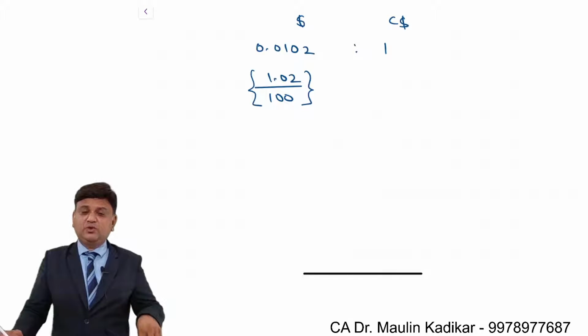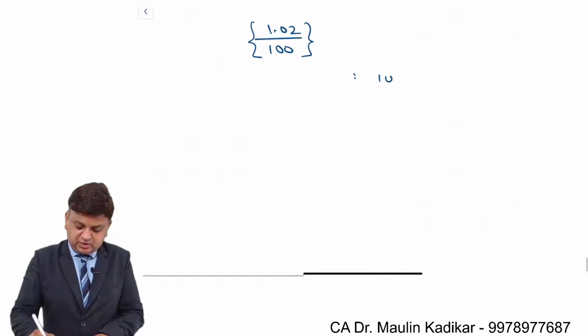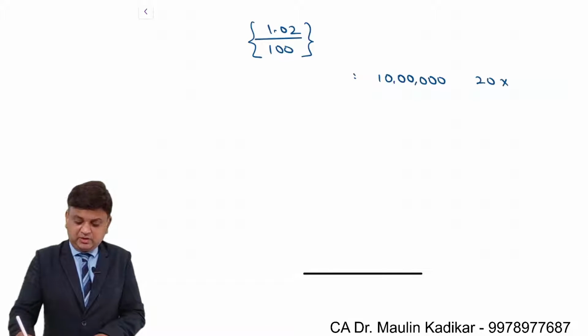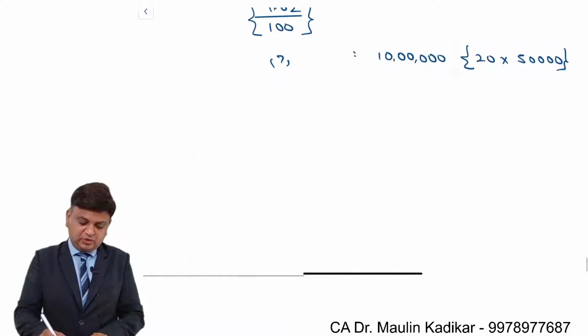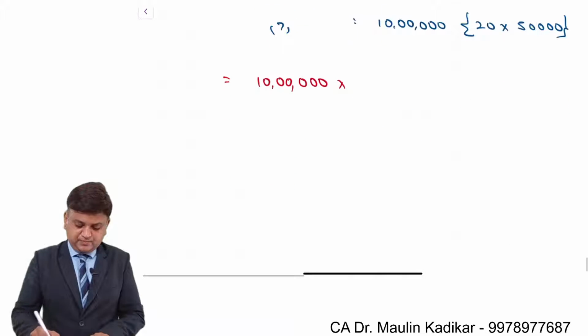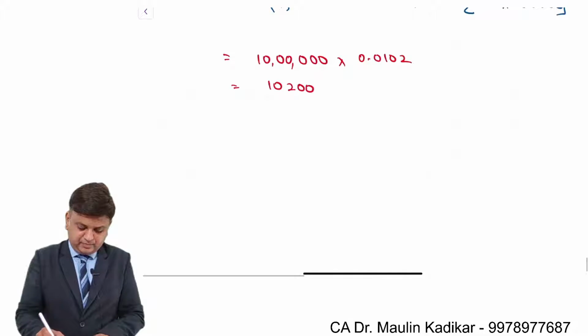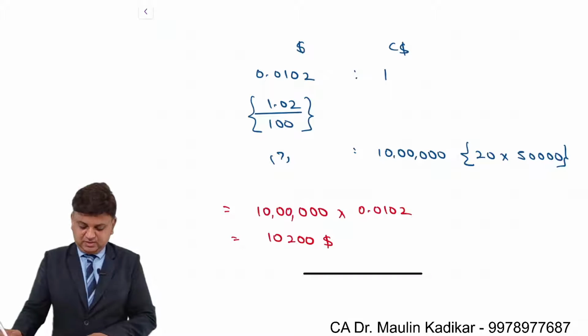Similarly, 1.02 cent is converted into dollar and you enter into the transaction for 10 lakhs Canadian dollar, so 20 contracts into 50,000. This is the amount of dollar which is to be paid as premium. So 10 lakhs into 0.0102, that is $10,200 that is required to be paid. Okay.